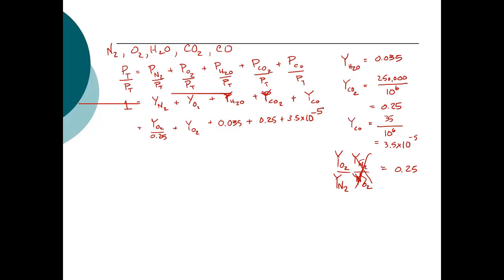So if I solve for the mole fraction of O2, that is equal to 0.143 or 14.3%. So given these conditions, the air in the submarine contains 14.3% oxygen.